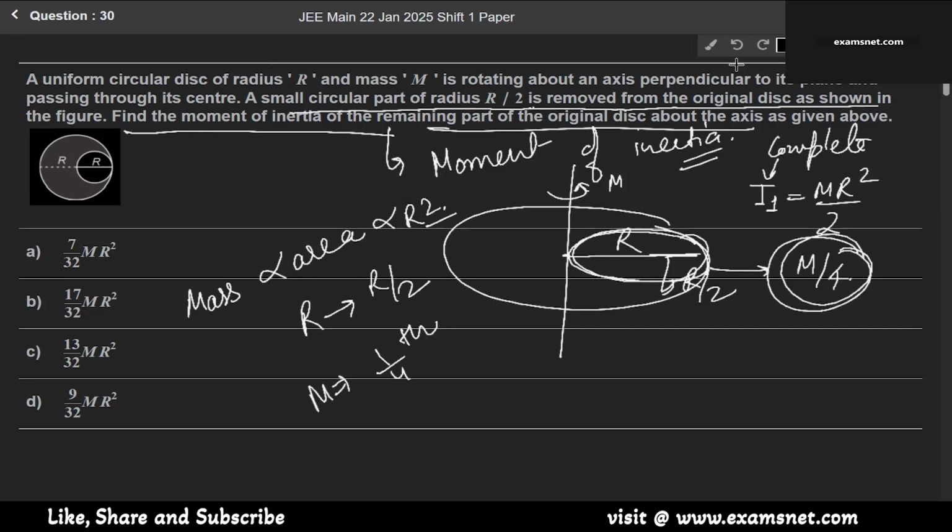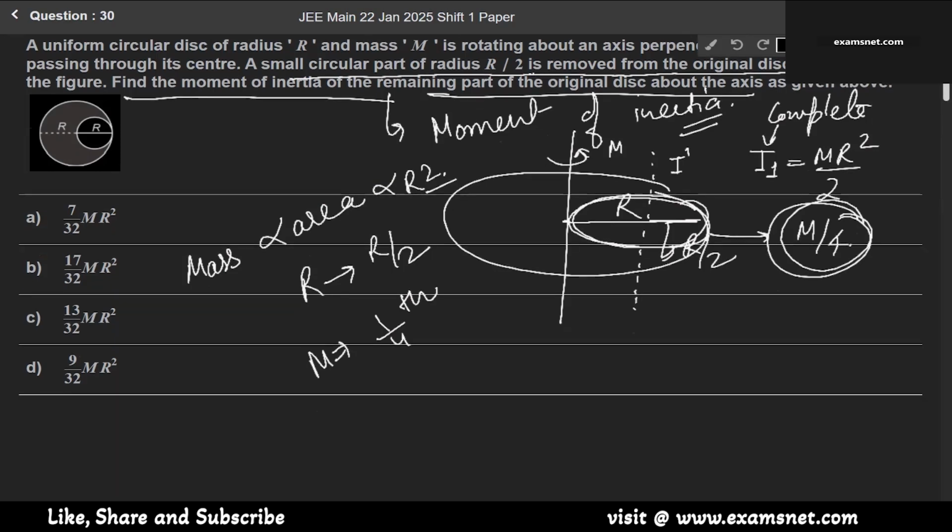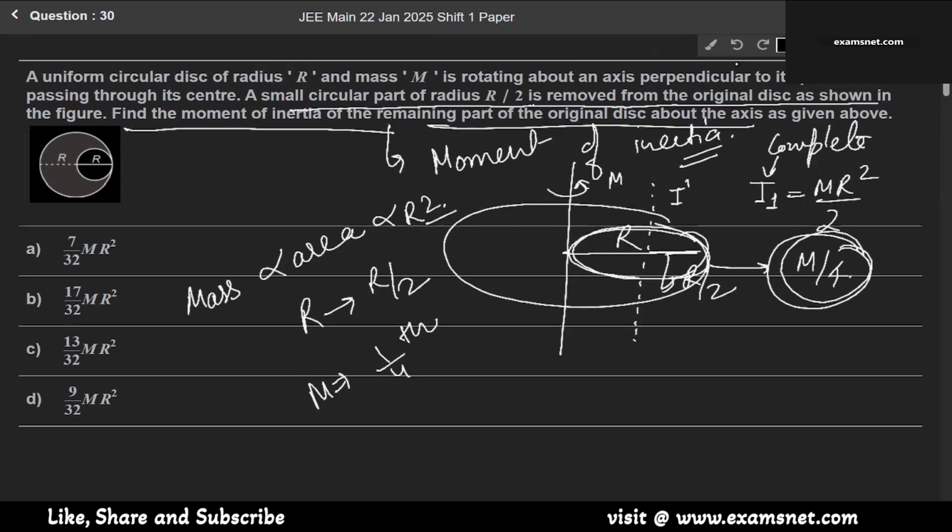So by applying the parallel axis theorem, let us say this moment of inertia will be I prime. We have to find the moment of inertia of the remaining part. Let us say I2 is the moment of inertia of the remaining part.